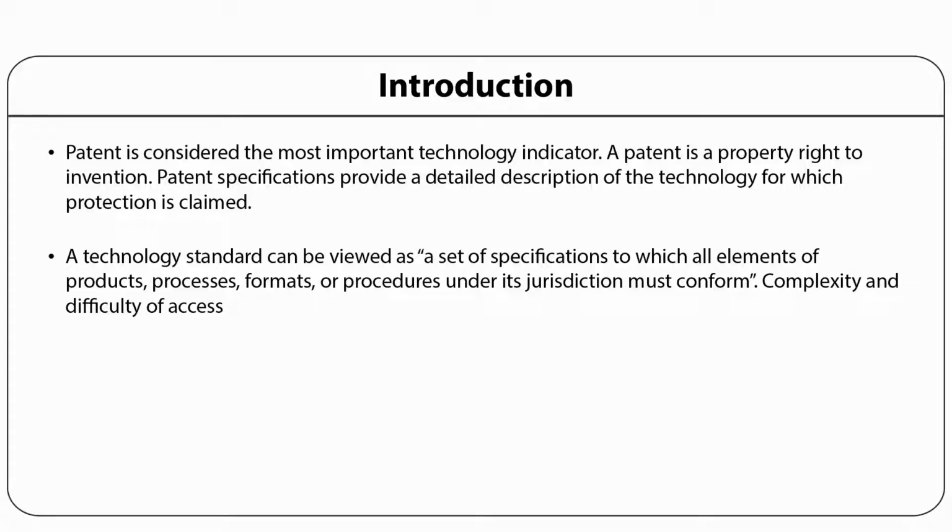So, in spite of standards playing a very important role in our technology reaching the market, this indicator is difficult to capture, and also this indicator has large amount of variance across different sectors.